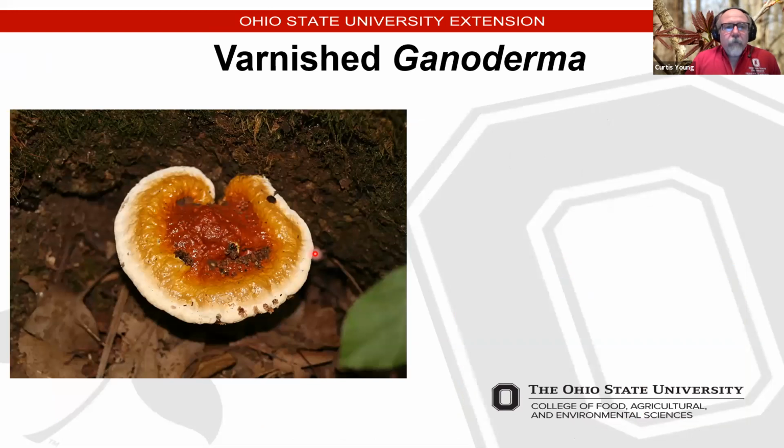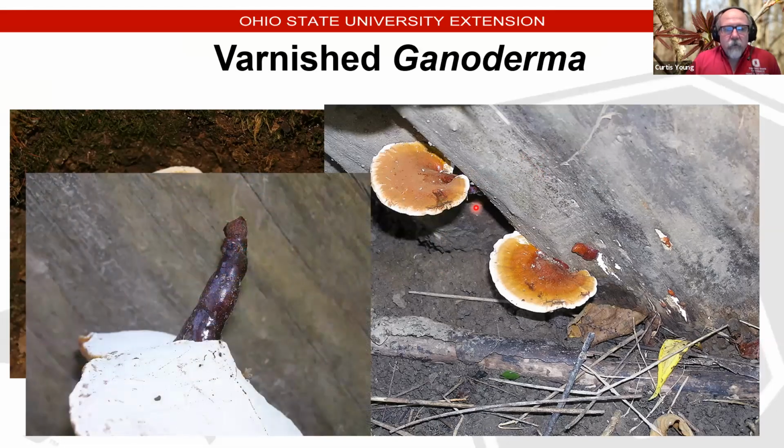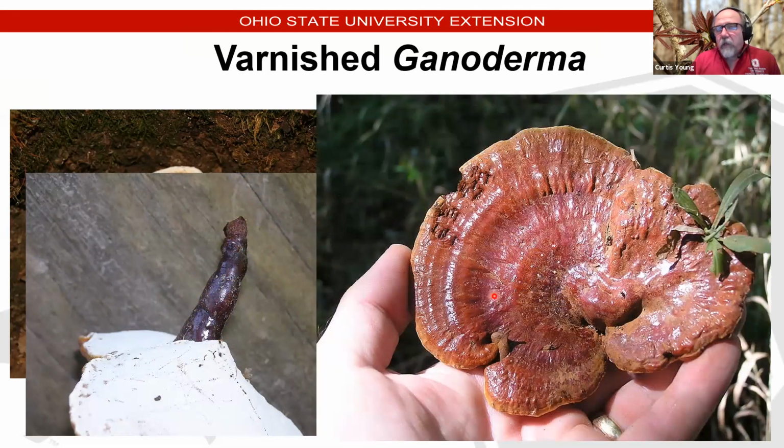For example, here is a distinctly varnished topped polypore. It has a stem on it, so you can see there's a stem connecting it to this decomposing wood. There's an example of it exposed, so you can see that stem. As it ages, it still has a shiny, varnished appearance, but it loses some of that amber and yellow color and turns mostly to a reddish color.